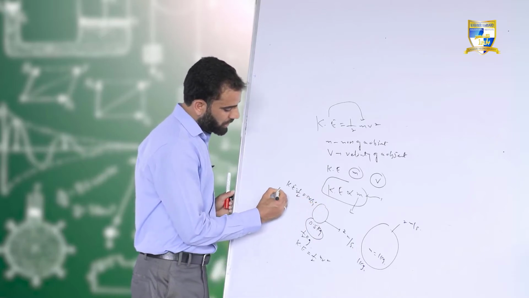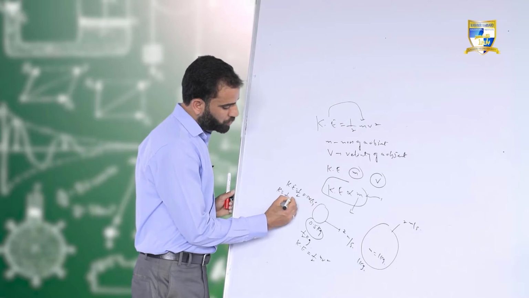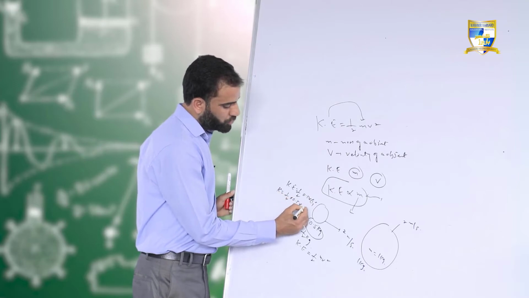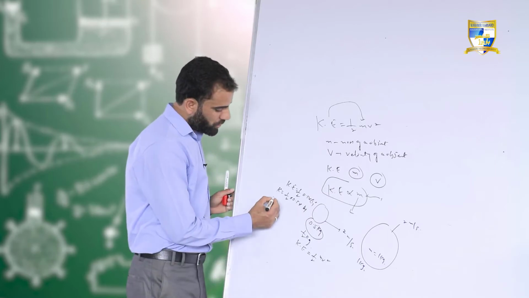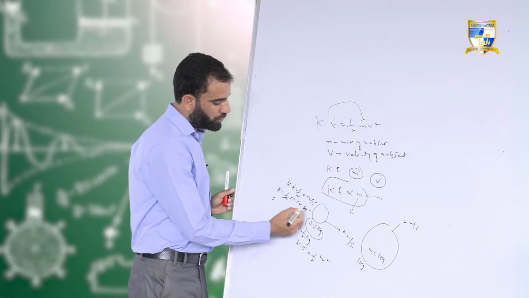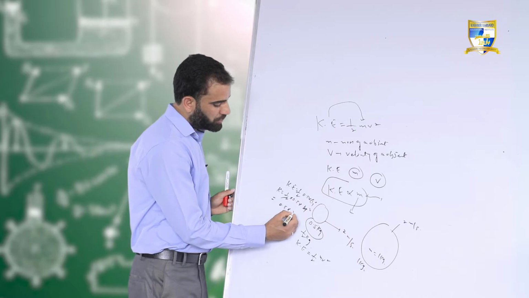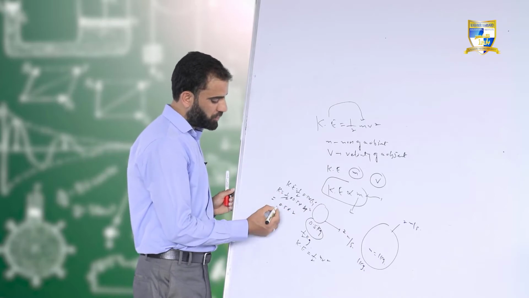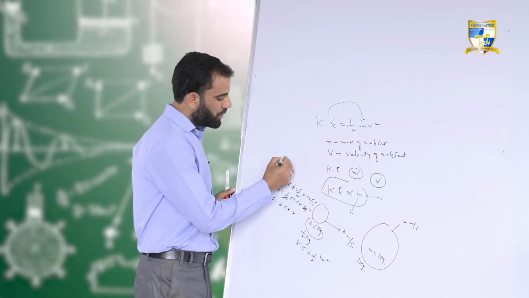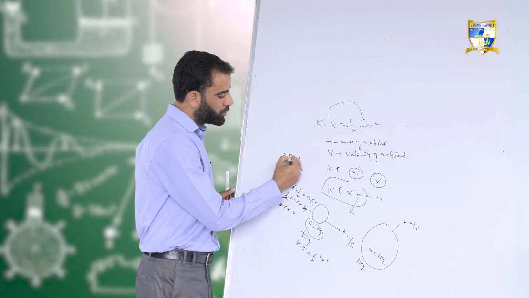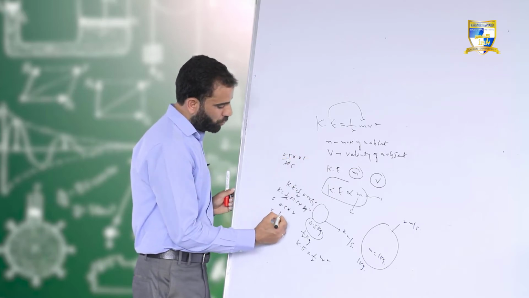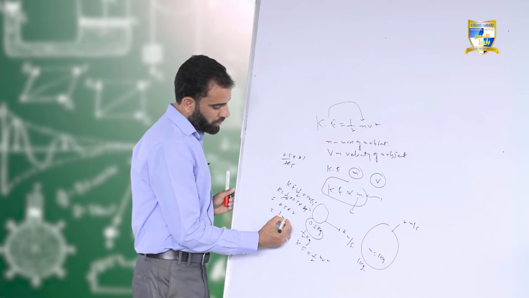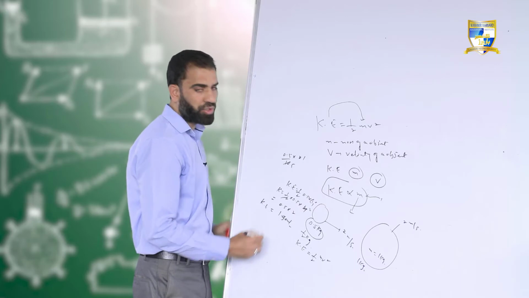It will become 1/2 times 0.5 times 2 squared, that is 4. So 0.5 multiplied by 2 gives 1, and it will become 1 joule. So the kinetic energy here is 1 joule.